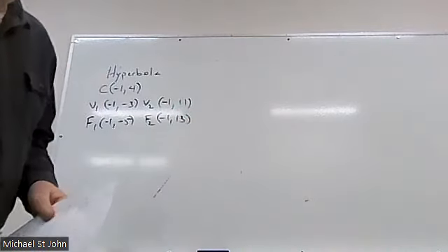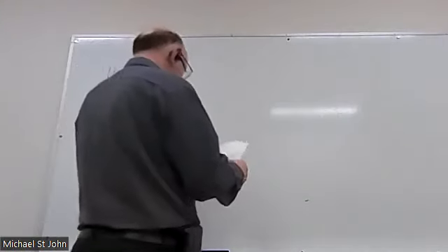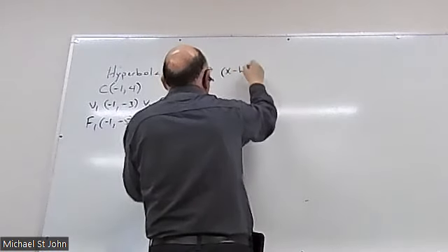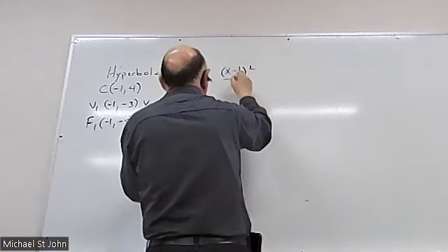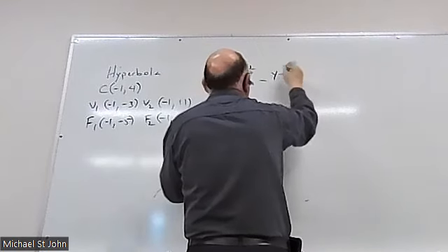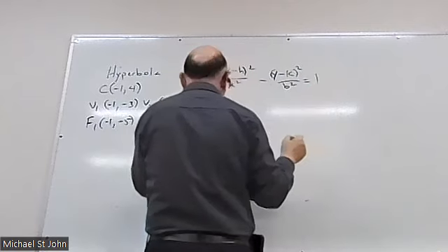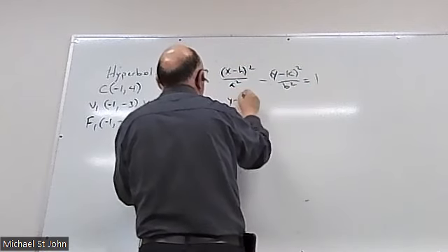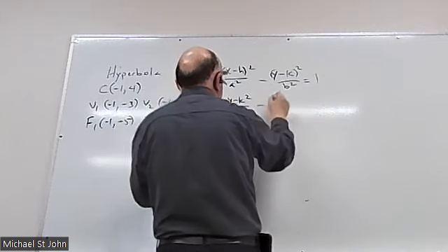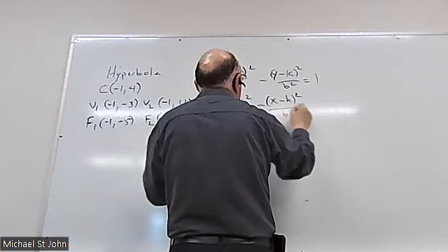And let me write those forms up here for my hyperbola. And so my two forms are this. That's the one. And then the other one is y minus k squared over a squared minus x minus h squared over b squared.